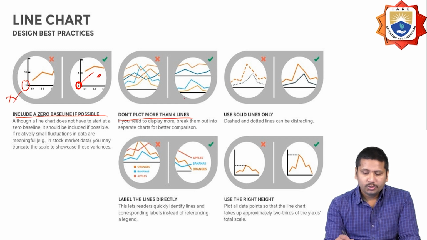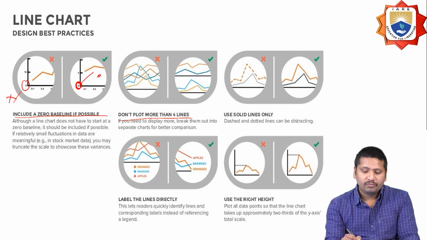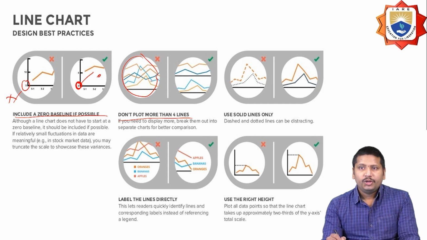If I draw the line chart here, we should have not more than 2 lines, because if I consider a larger number of lines, a lot of disturbance is going on. Use solid lines only, no dotted lines. This is another design practice we have to consider in a line chart.